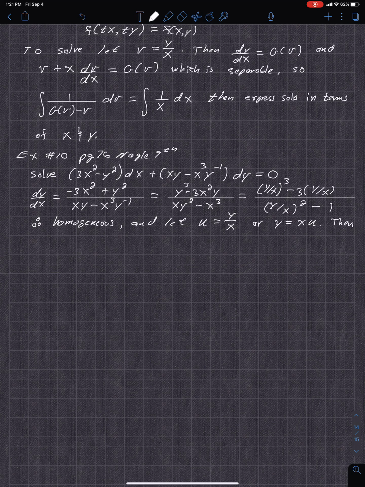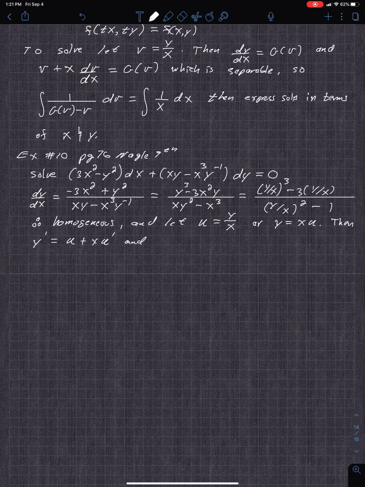If you do the substitution, you always have to do its derivative. So you have that y prime, by the product rule, is u plus x u prime.